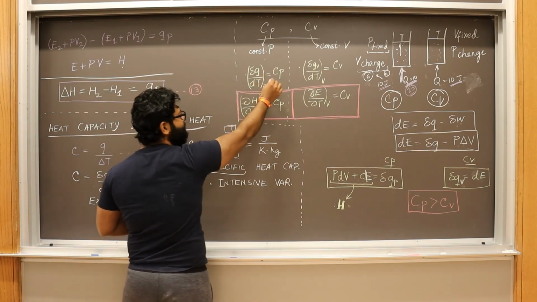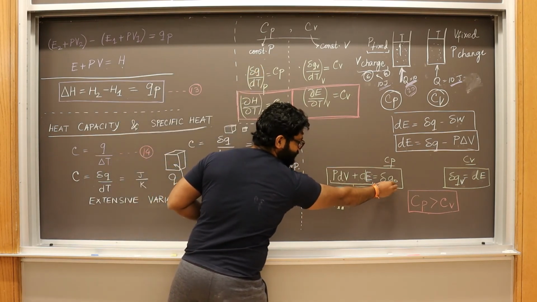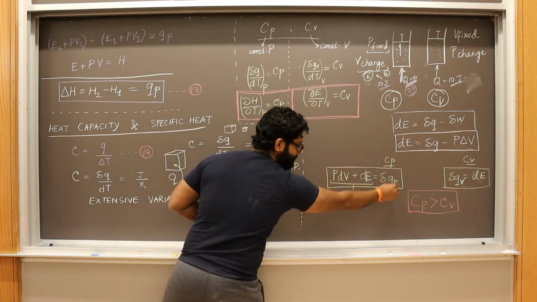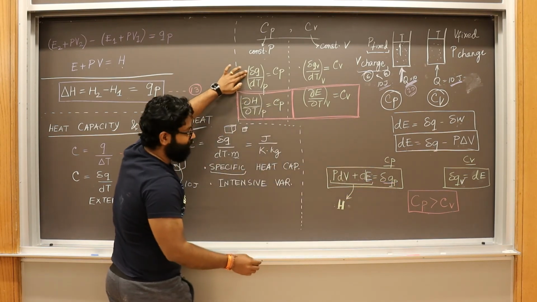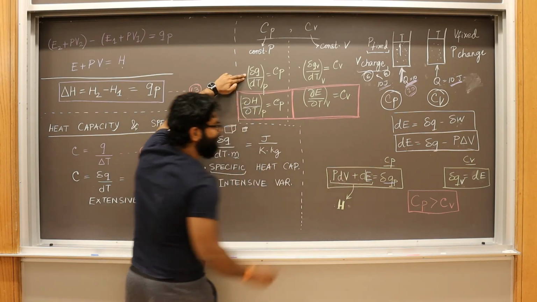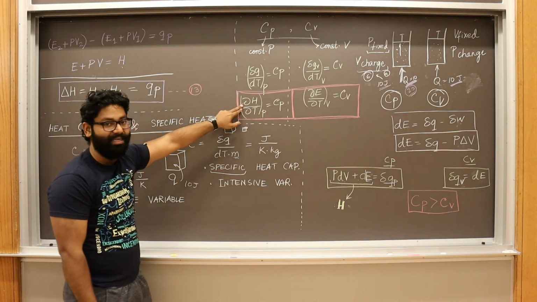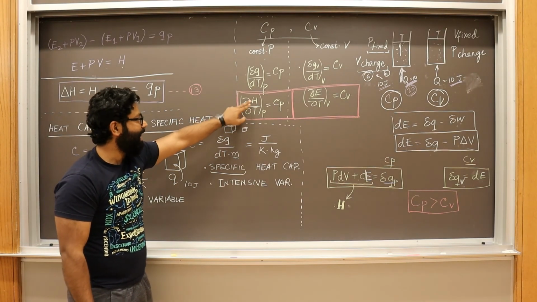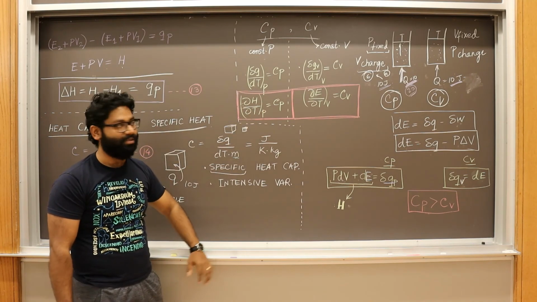Now what was del Q for Qp? This was the del Qp that we are going to use here. So substituting this, what was this? PdV plus dE. So this is basically the change in enthalpy. So Cp becomes del H by del T at constant pressure.